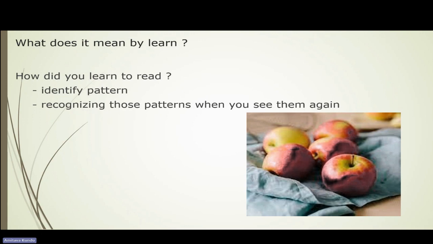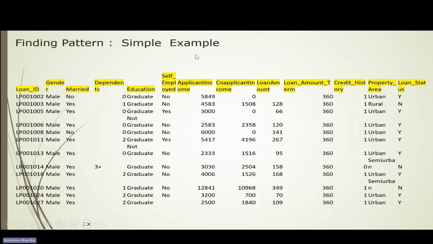Identifying a pattern. Now, let us give some sample data, an example of how we can identify a pattern in the data. In this example, we have been given some sample loan data.